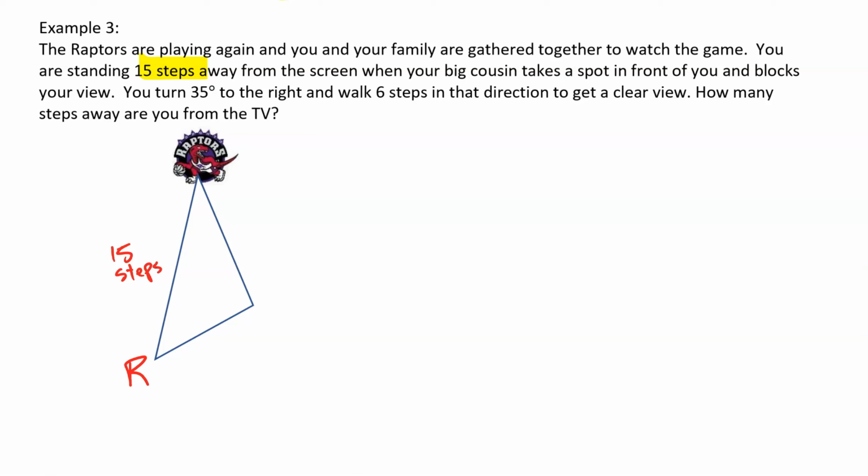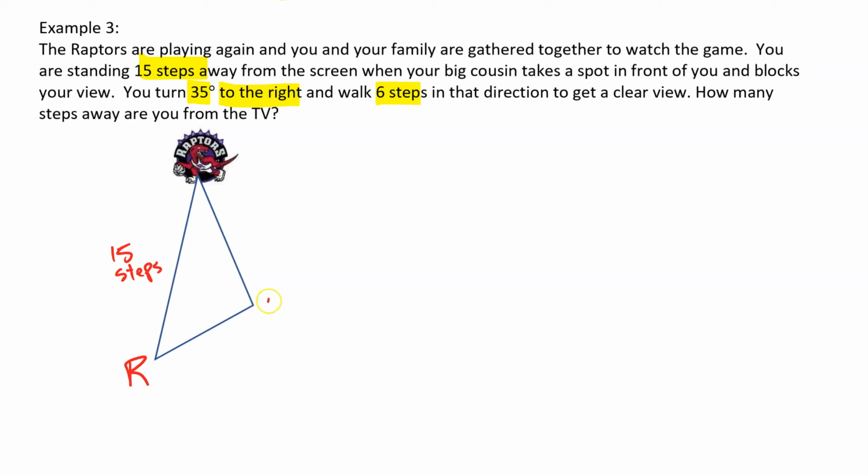And your big cousin, of course, comes into the way and just blocks you right out here. And you can't see, okay? So what do you do? You got to move. And you are going to move to the new spot, which is 35 degrees to the right, and you walk 6 steps in that direction.